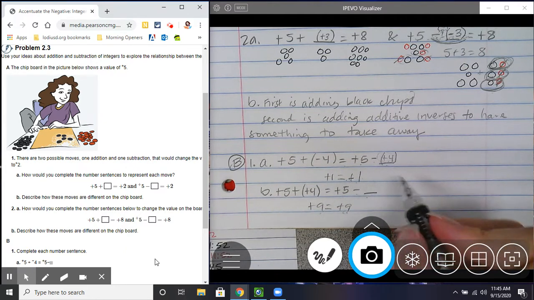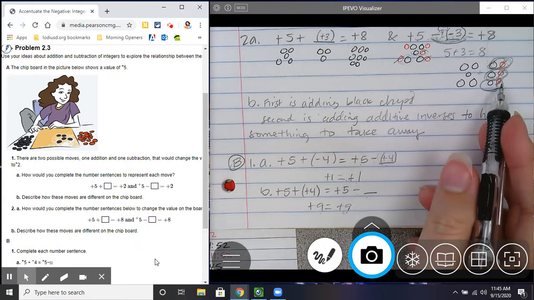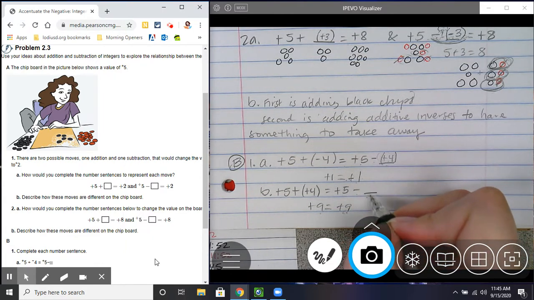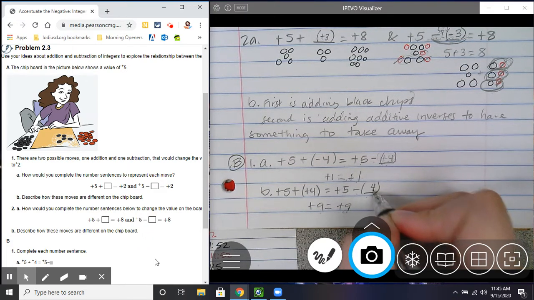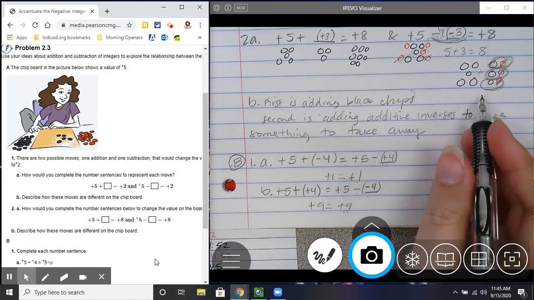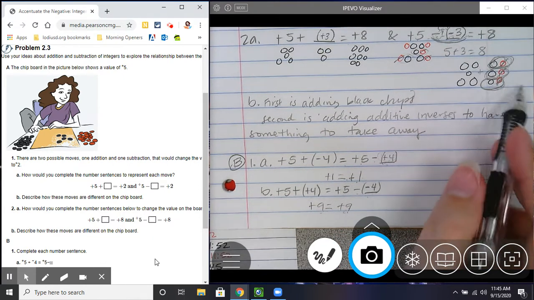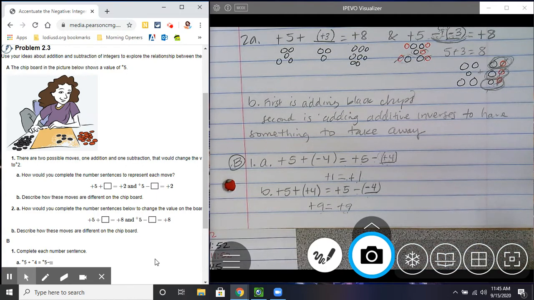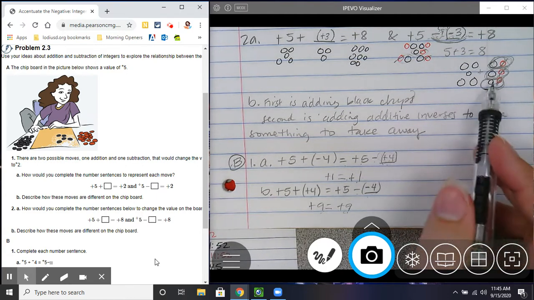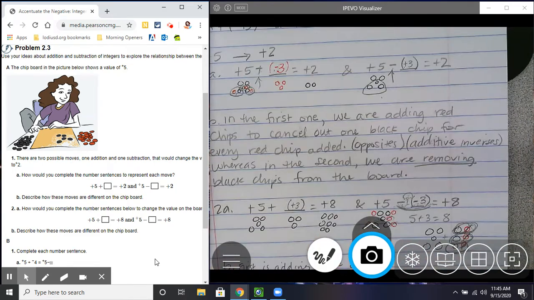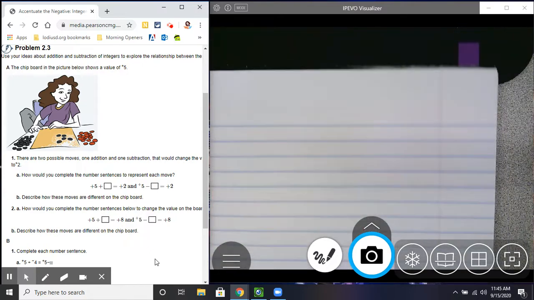So it's going to be basically however many additive inverses you would have to add, which would be 4. And then you would have to take away the 4 red chips like we did here. I really hope that this makes sense. I'll have to do some research and see if there's a different way to do that. I've never tried to draw that before.